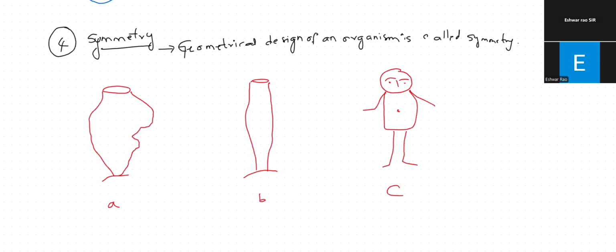There is one condition. It should pass through the principal axis. What is that principal axis? We'll see. Let us go from easy to hard, or known to unknown.